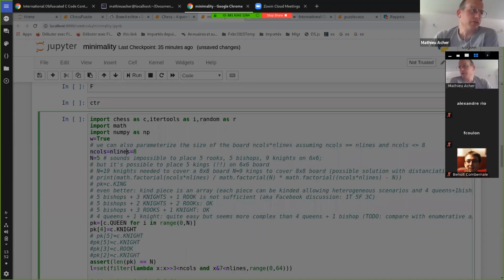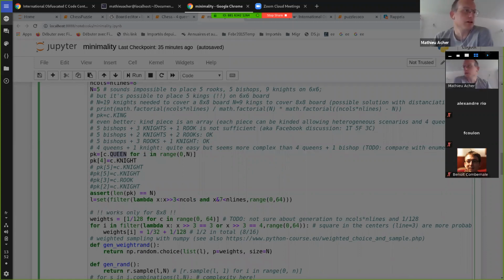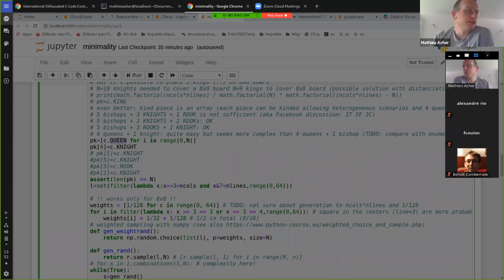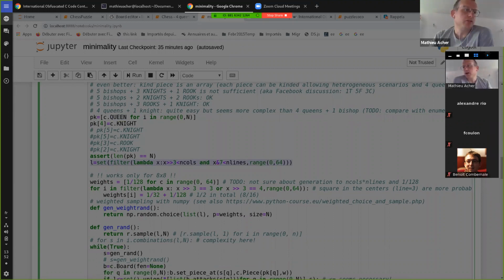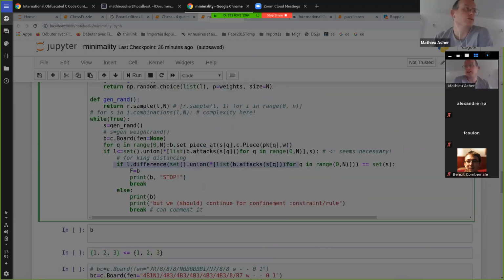Like the number of columns and the number of lines in the chessboard, the number of pieces you want to place in your chessboard, the kind of piece you want to place. So it can be queen, a knight, a rook, whatever. And then you have some predicates about the kind of property you want to find, like you control all cases.